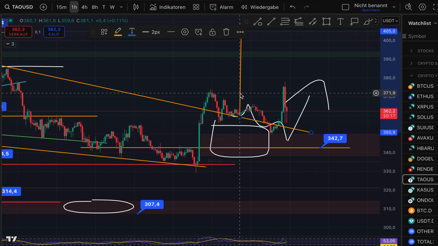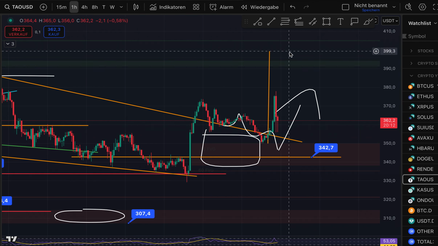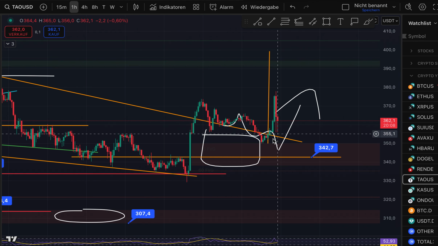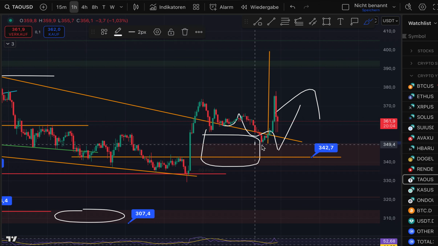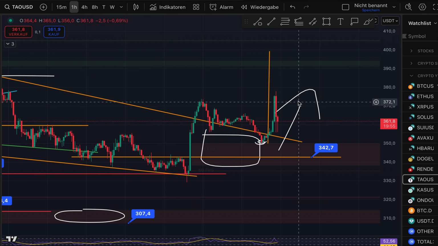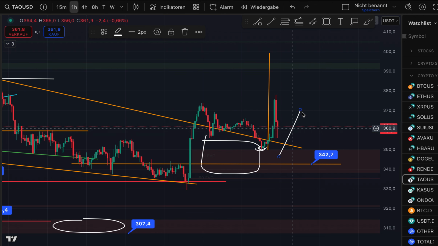So the target now is $400 for TAO, as long as we hold this low right here. If we drop lower than that, then I think this scenario got even invalidated and we can look for the 342 US dollar, and then we have to look for new chart patterns.